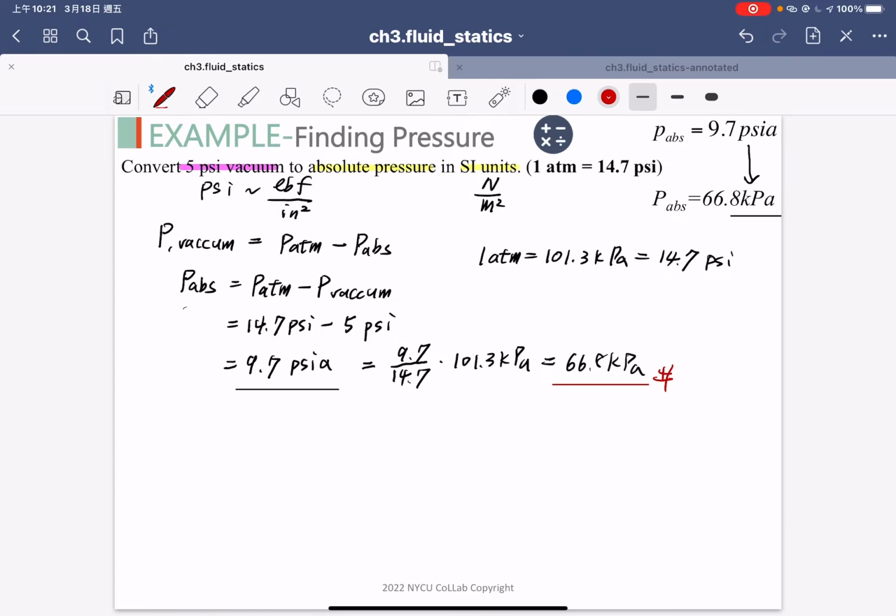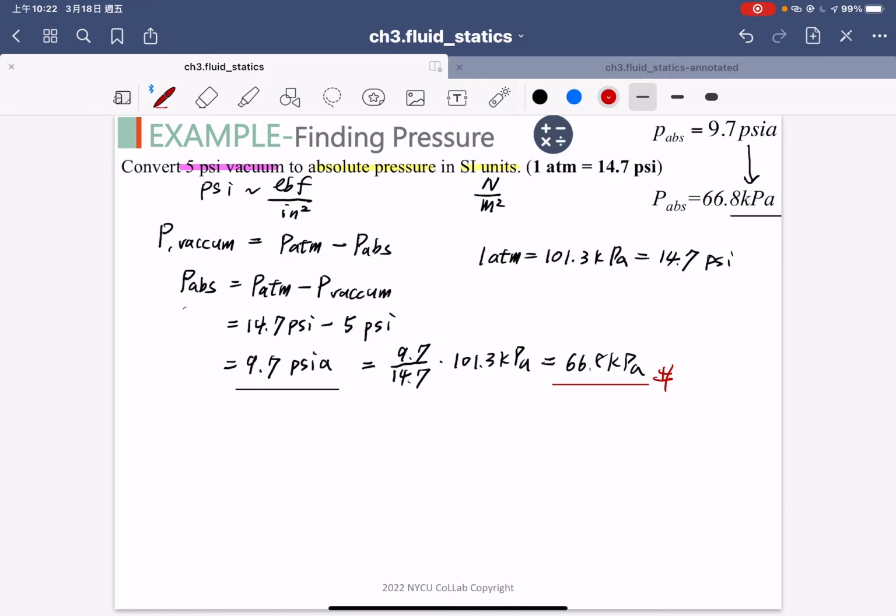Basically this question is quite simple, but if we don't understand the formula and the definitions before, we cannot answer this question, right? That's why I emphasize the three important pressure units: absolute, vacuum, and gauge. And usually for engineering problems, we use the gauge pressure because the gauge pressure is relative to the environment pressure.